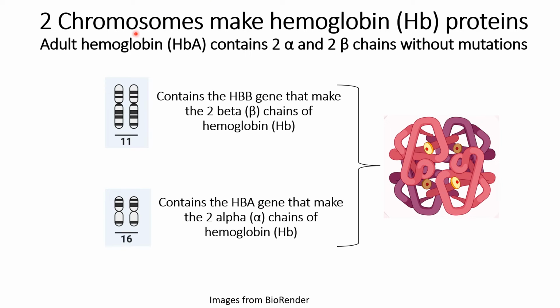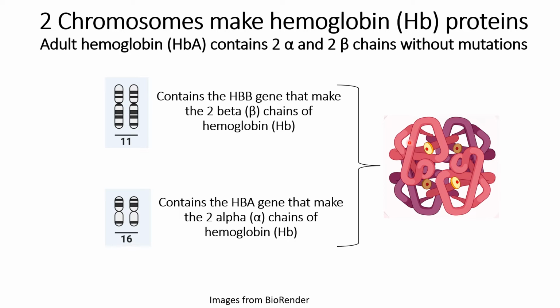One example of that is 2 chromosomes make hemoglobin, or the HB proteins, and after 6 months of age, we start to produce adult hemoglobin, which can simply be abbreviated HbA. This contains 2 alpha chains and 2 beta chains, and this is individuals without mutations. The 11th chromosome here will contain the HBB gene, and that makes 2 beta chains.